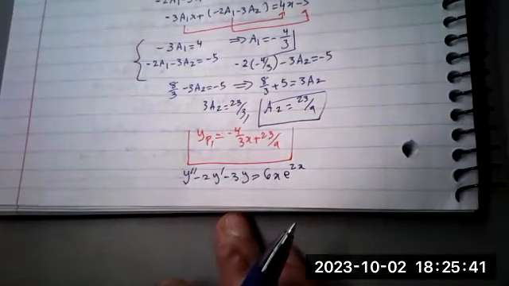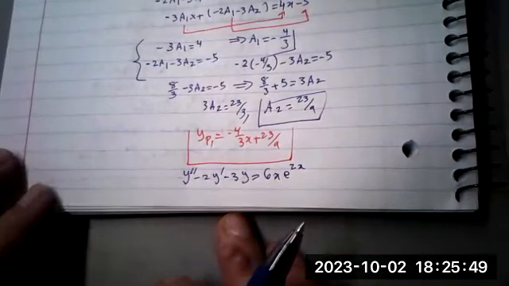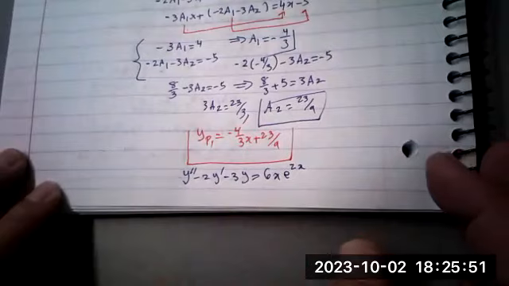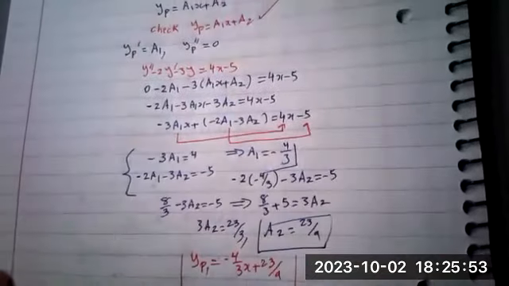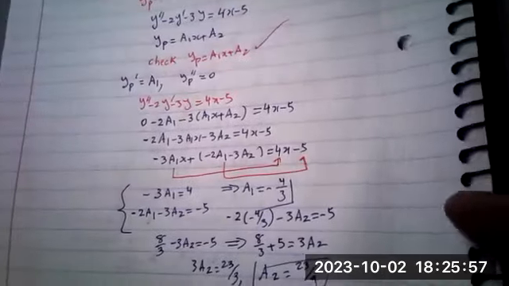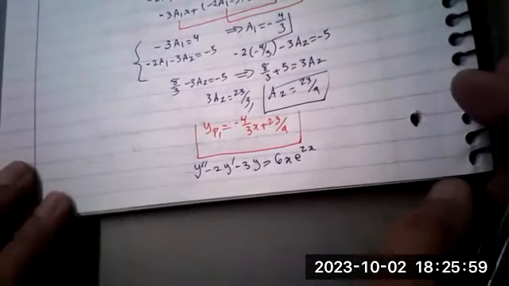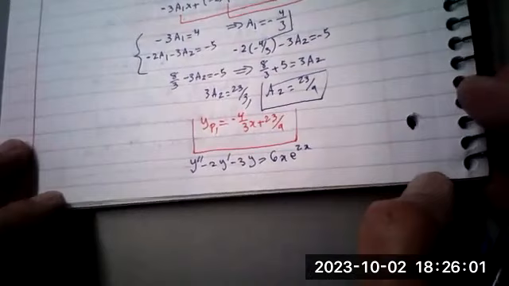The polynomial is 6x, so you need a combination, a1x plus a2, times e to the 2x. There is not going to be anything duplicated, because in the case of the yc, the powers are 3x and negative 1. Nothing to do with the e to the 2x. So we design it and we go for it.